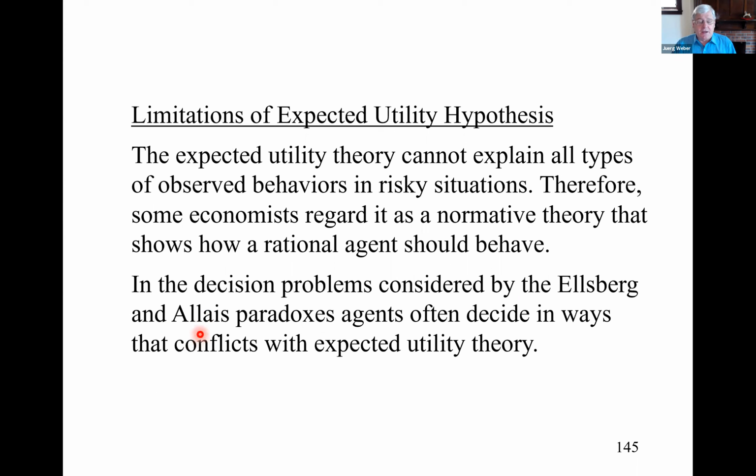Now Allais is a French economist. Actually, he's also in physics. So he's the only person who got the Nobel Prize both in physics and in economics. So that's quite remarkable.